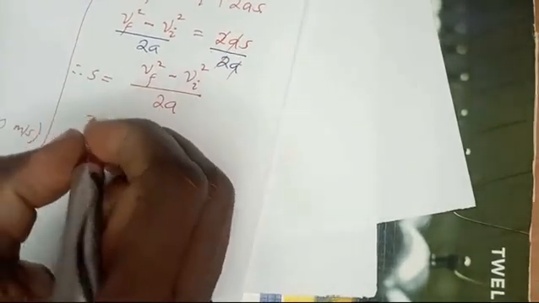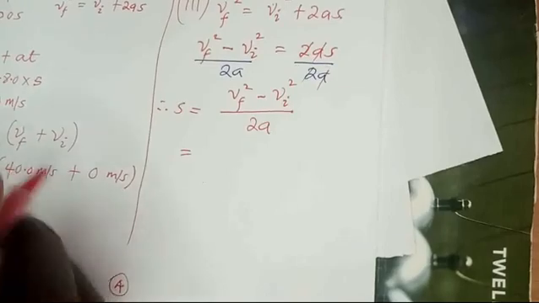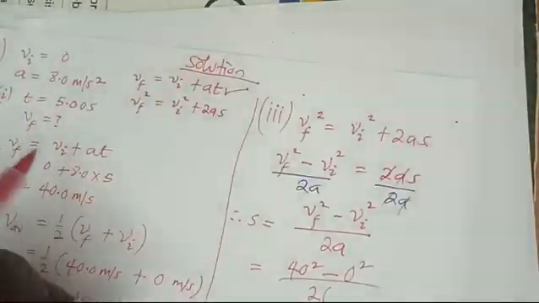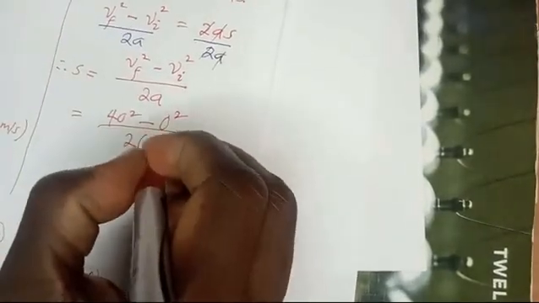Moving on, we got the V final as 40. So this means we have 40 squared minus our V initial. Remember, it was 0. 0 squared minus, okay, 2 into a, and our a, you remember, is acceleration 8.0. This is 2 into 8.